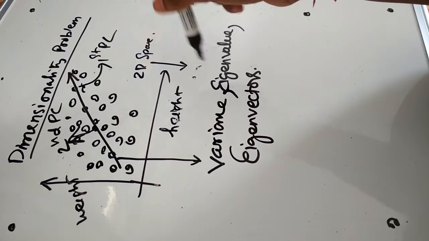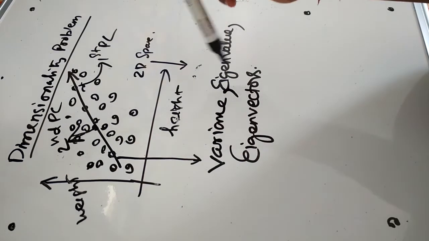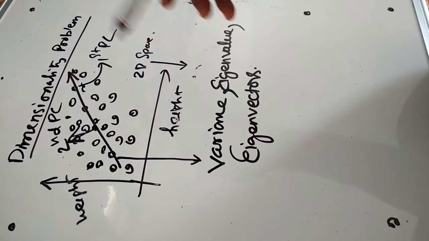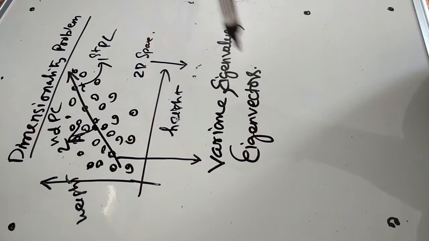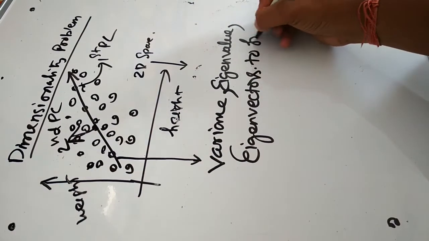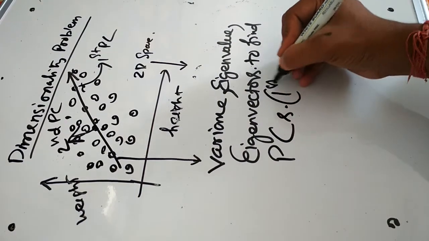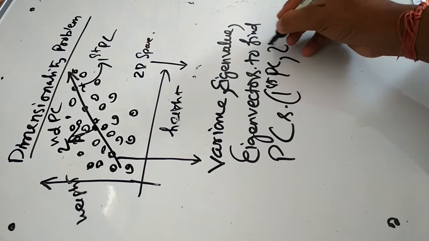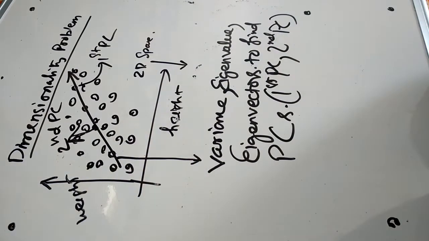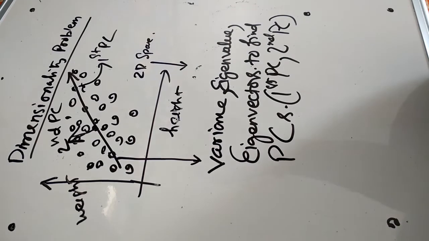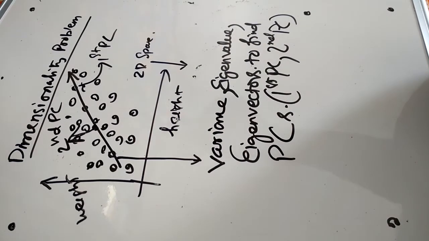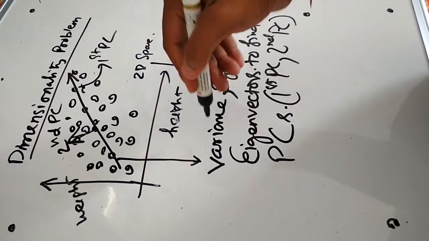Here you can see why we are going for eigenvalues and eigenvectors to find the principal components, that is, the first PC and second PC. Getting? So first of all we have to find the variance.